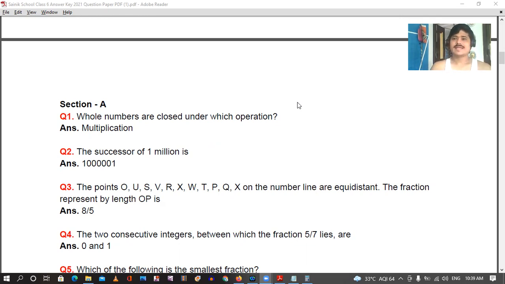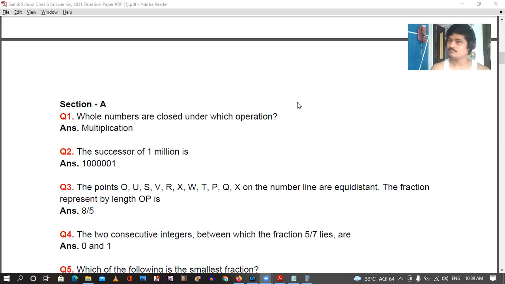Addition is a closure property because 5 plus 3 is 8. Both numbers are whole numbers and the result is also a whole number. Multiplication, 5 into 3 is 15, is also a whole number. But subtraction and division cannot always give a whole number.